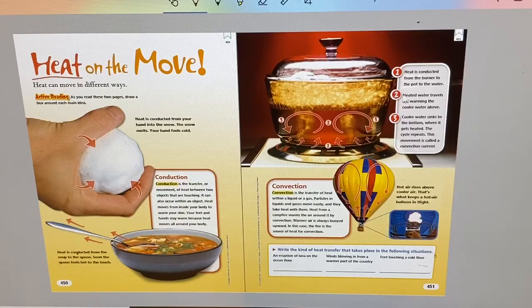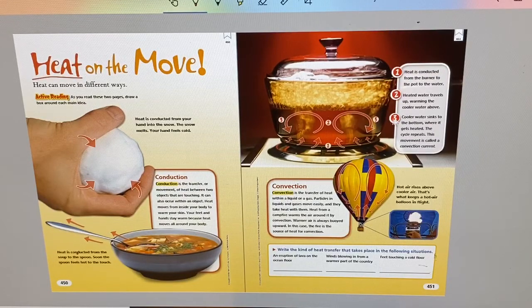Now, number 2. Heated water travels up, okay? Heated water travels up. Look at the arrow. Number 2, travels up, warming the cooler water above, all right? And number 3, look at the arrow.